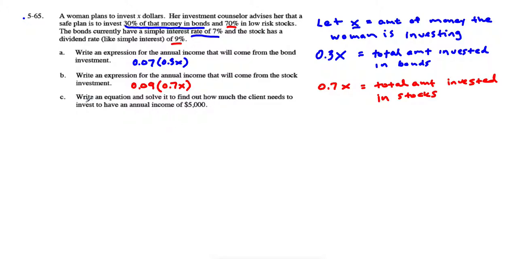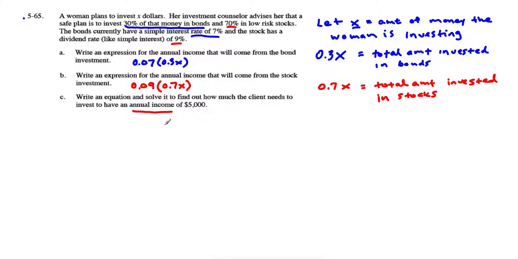Then letter C, write an equation and solve it to find out how much the client needs to invest to have an annual income of $5,000. Well, if it's an annual income of $5,000, that means we're going to have to take the income from the stocks and the income from the bonds, and if we add them together, it should equal $5,000.